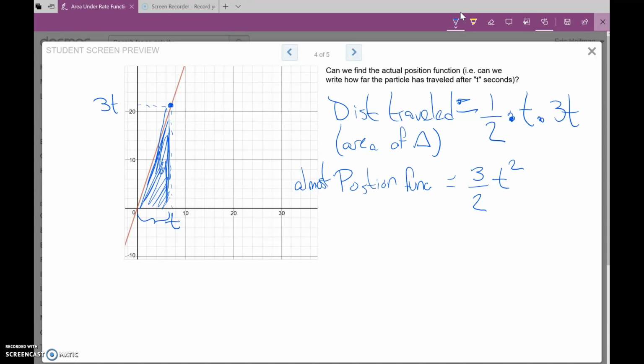In order to turn this into a position function, as I was saying earlier, we need to know what the particle's initial position was. So we know that the actual position function is going to be 3/2 t squared plus the initial position.